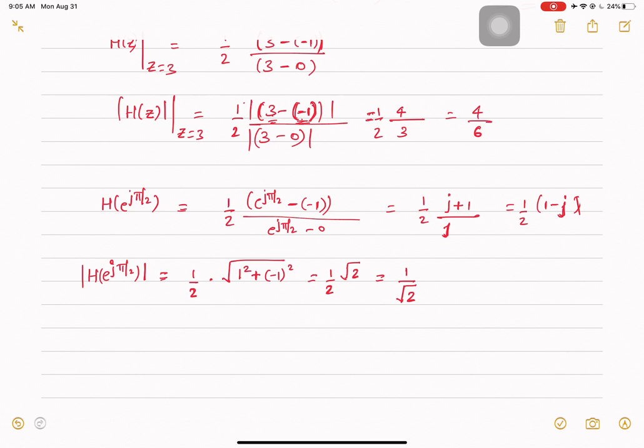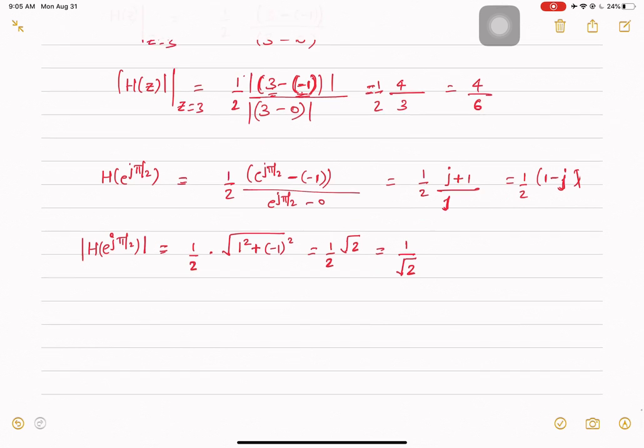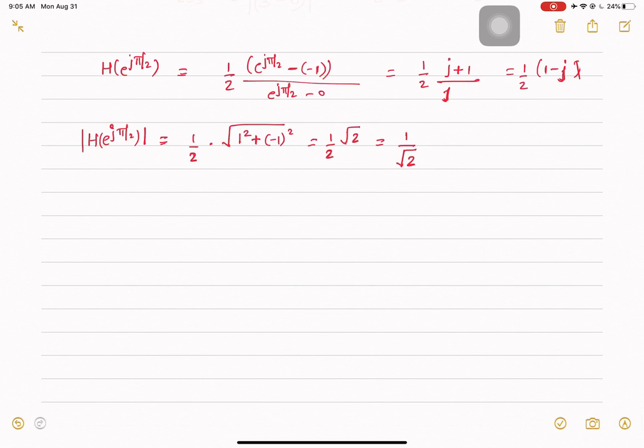So if you pass a frequency, this is what you do for an amplifier, but there you pass analog signals. If you pass a digital signal whose value is cos pi by 2 n, what you get at the output, talking about the magnitude, is 1 by root 2 cos pi by 2 n.